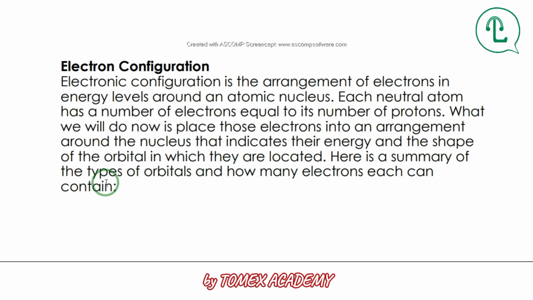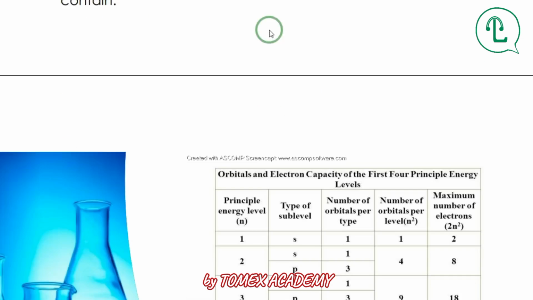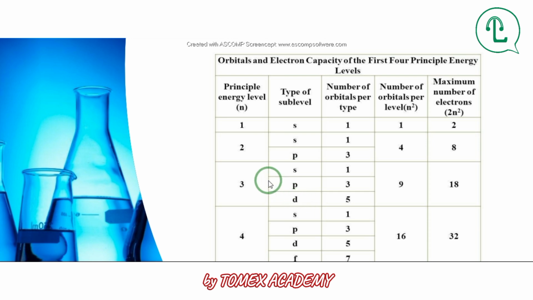Here is a summary of the types of orbital and how many electrons each can contain. As we can see in this summary, for the principal energy level, n, we can always get the maximum number of electrons using this formula, 2n raised to power 2.